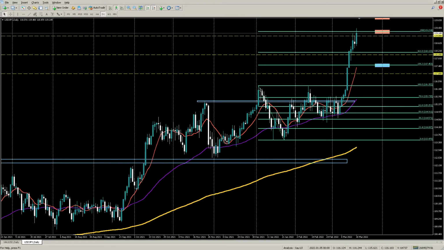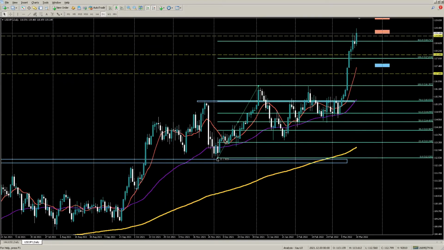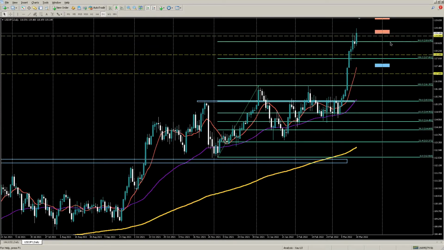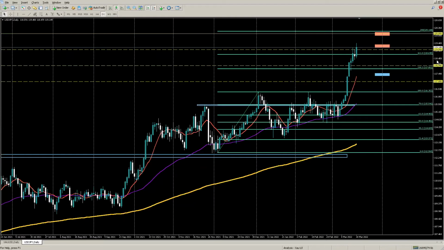Now, I can move this to a continuation move, and that shows the 162 here at 118.70, and the 200 fib is just above the 120, so this could be a better target zone, 120 to 120.14.